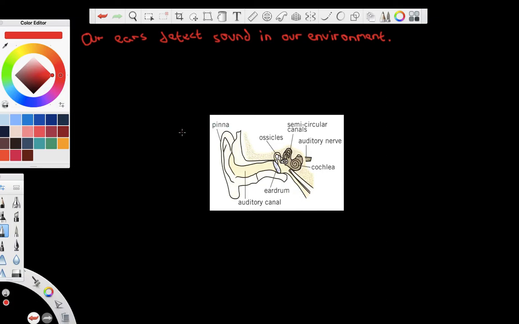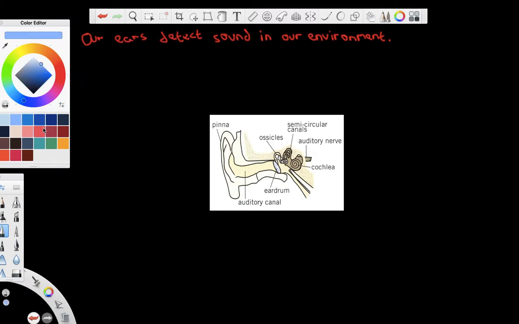I've got cauliflower ears, as I'm sure you're well aware, and this is my pinna that is scarred, and it changes the way that my ears detect sound. My ears will not pick up sound as well as yours will, because you have a perfectly shaped pinna to pick up sound from your environment.